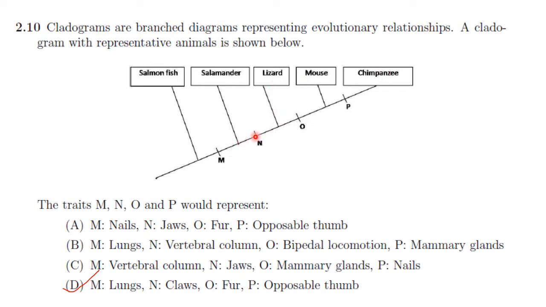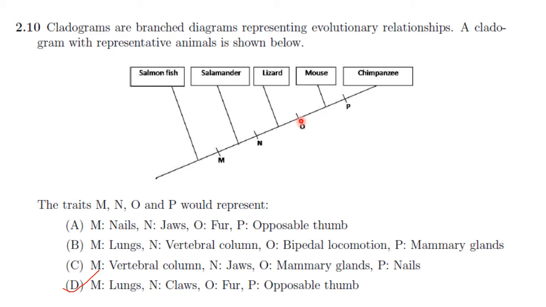So before the point N, claws were absent, that is, in salmon fish and salamander, no claws were found. Then O is for fur. Fur is absent in salmon fish, salamander and lizard. So before the point O, fur was absent in salmon fish, salamander and lizard.